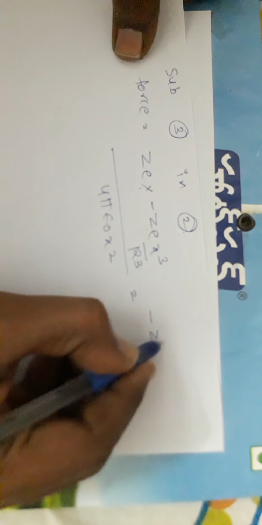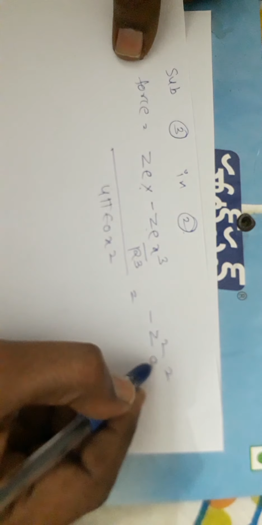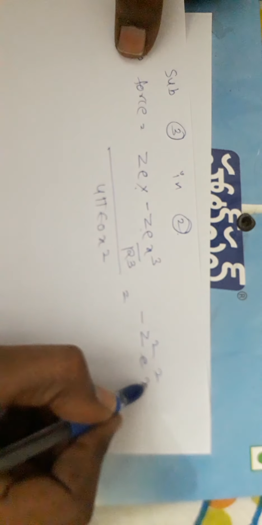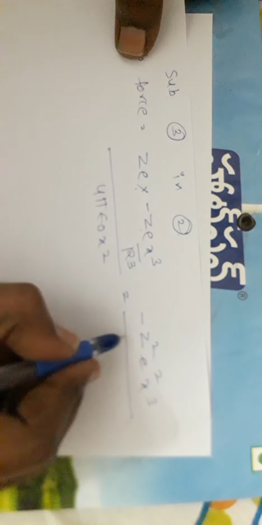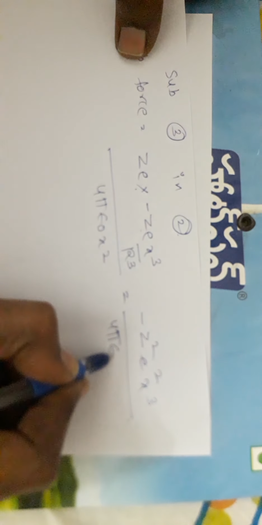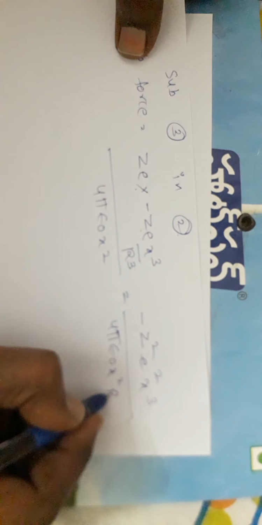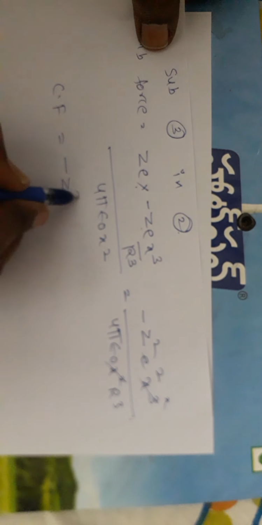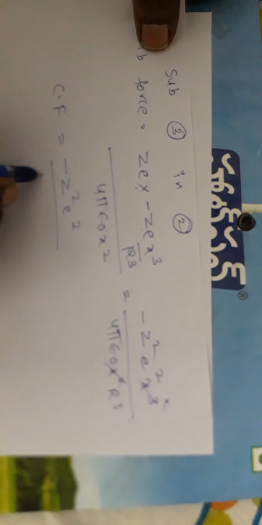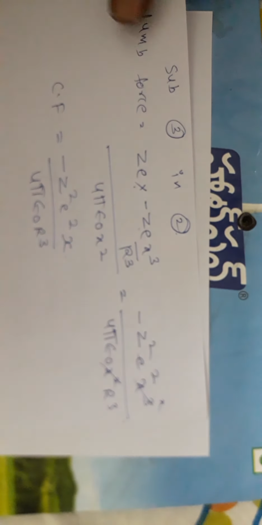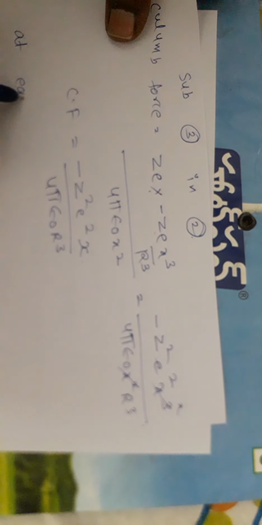Now this gives minus Z square e square x cube by 4 pi epsilon naught x square and r cube. The remaining is x. So finally the Coulomb force is equal to minus Z square e square by 4 pi epsilon naught r cube into x. Now this is the Coulomb force at equilibrium.